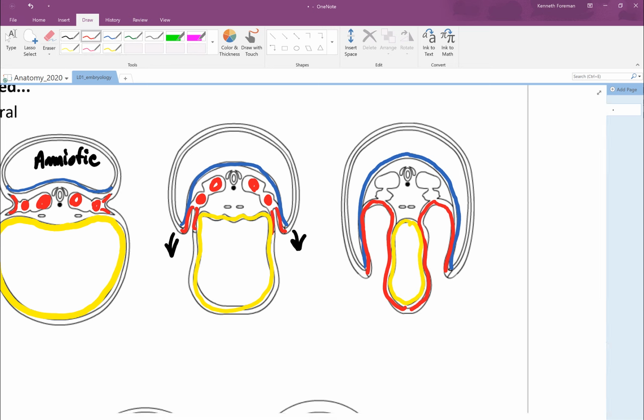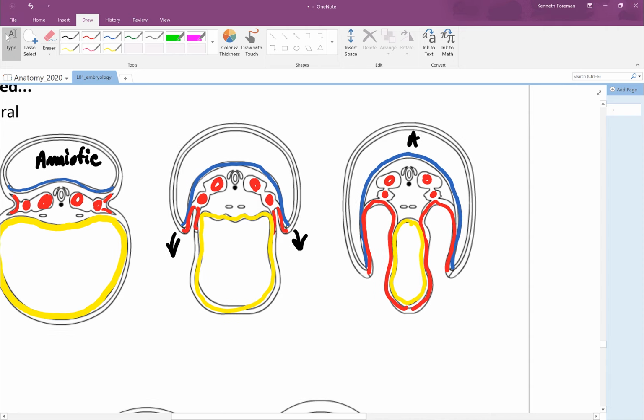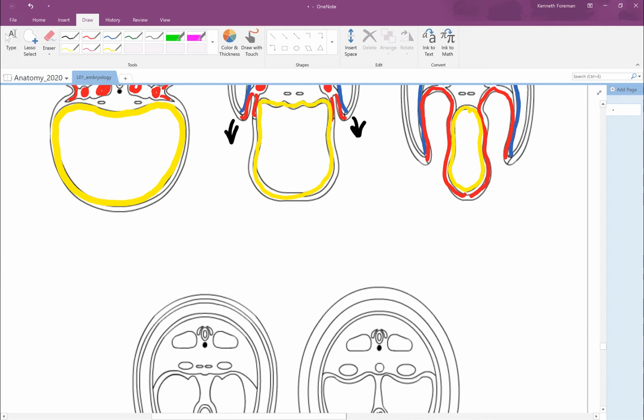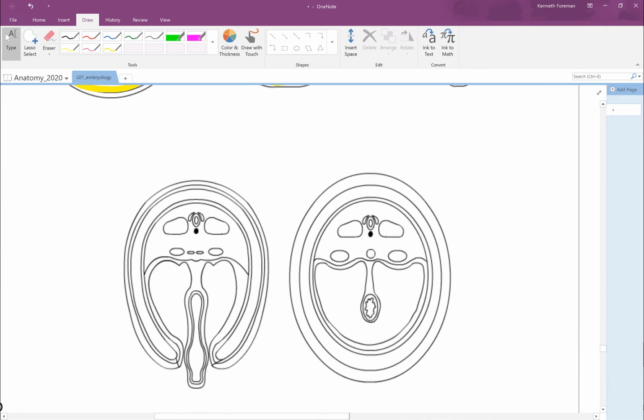And we still have our paraxial mesoderm and our intermediate mesoderm and our amniotic cavity. And you can see that amniotic cavity starting to wrap around the structure. So as we go to this image, the ectoderm continues to fold.